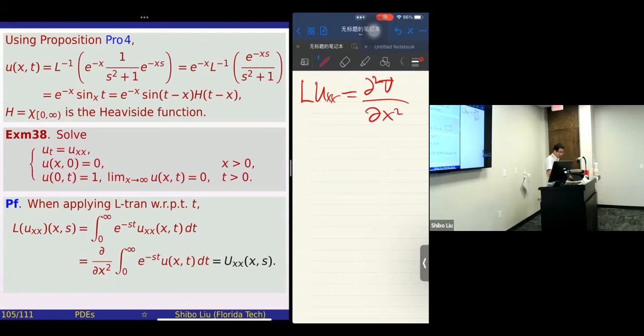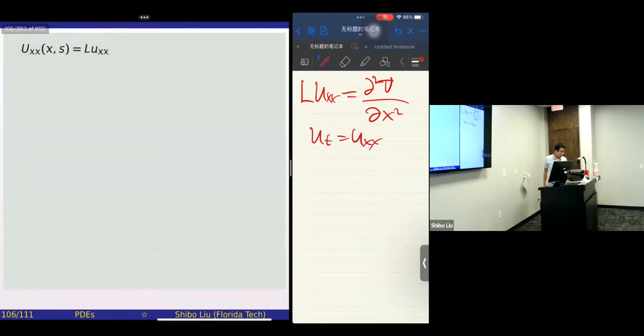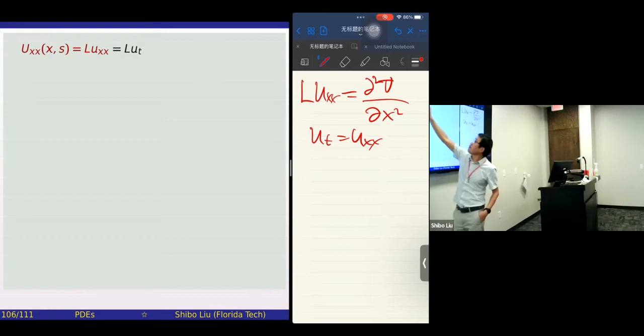Okay, then we apply the Laplace transform to our equation u_t = u_xx. The Laplace transform of u_xx is capital U_xx. Therefore, the Laplace transform of u_xx equals the Laplace transform of u_t.